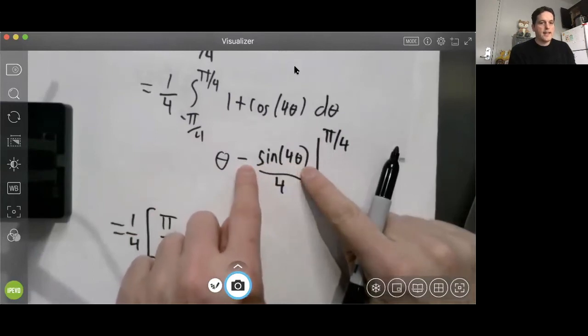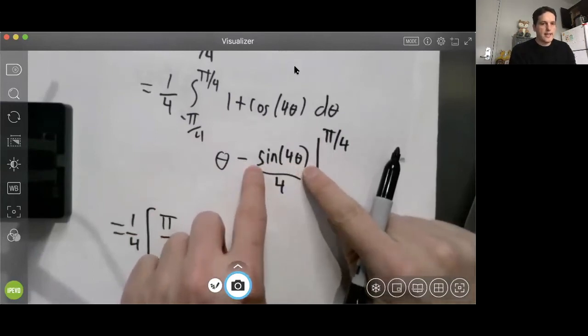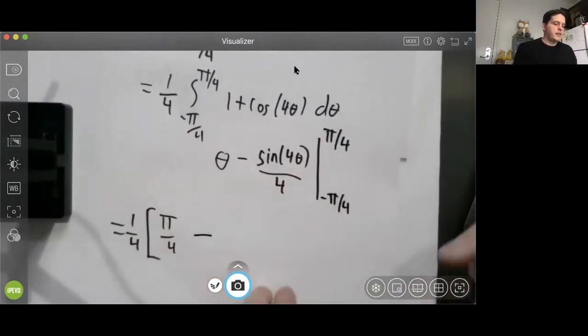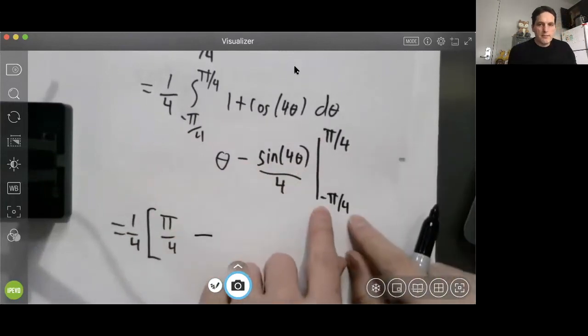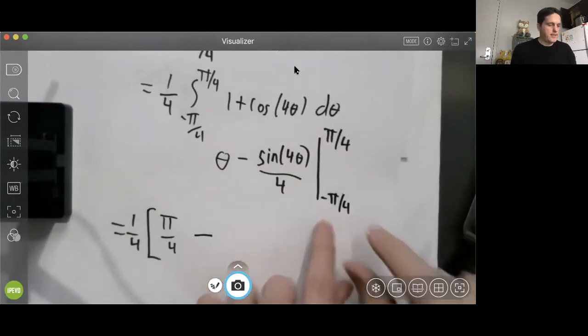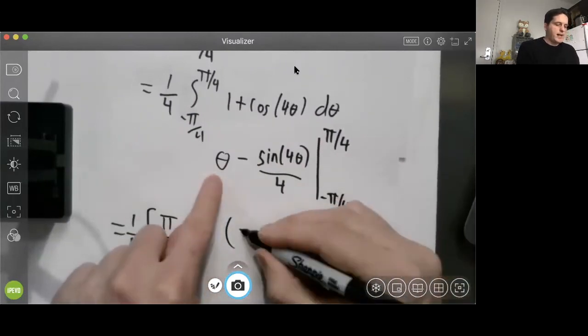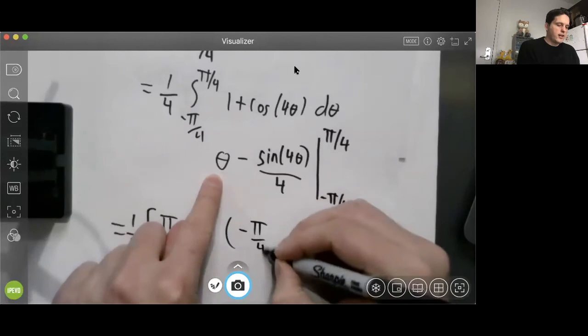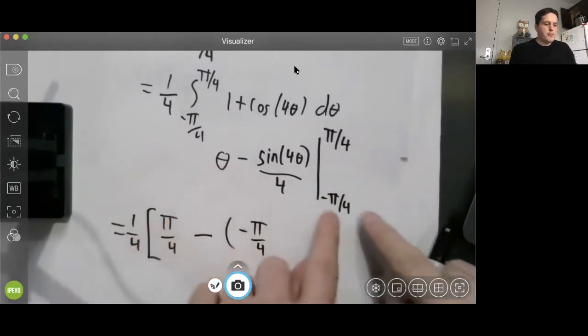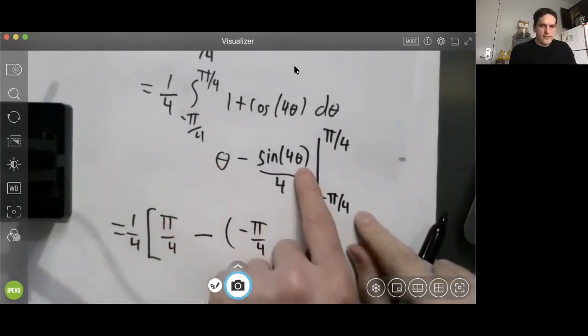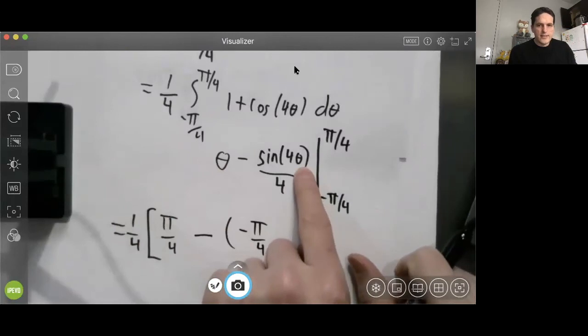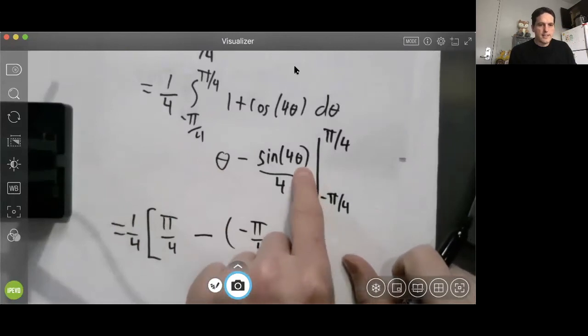So we have no contribution there. Now, what happens when we plug in minus pi over 4 for theta? We're going to get a minus pi over 4 here. And here we have sine of minus pi, which is 0.